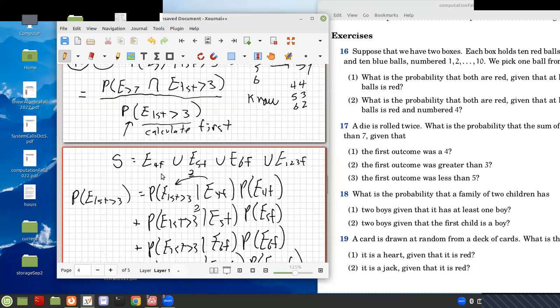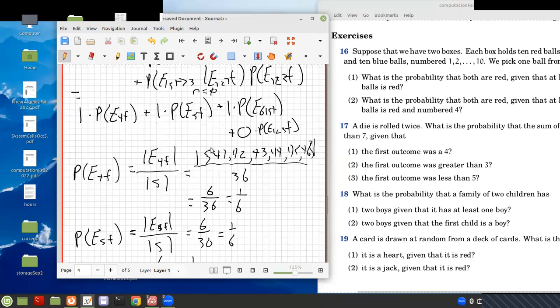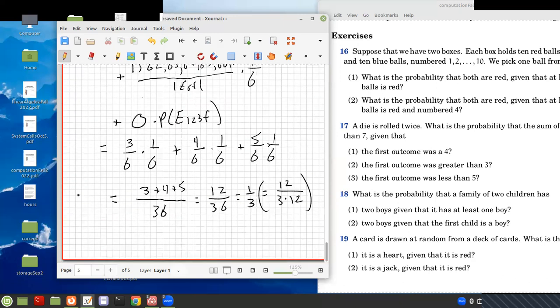So we're calculating the conditional probability that the sum was greater than 7, given that the first was greater than 3.